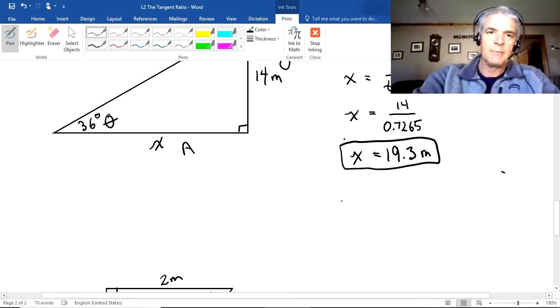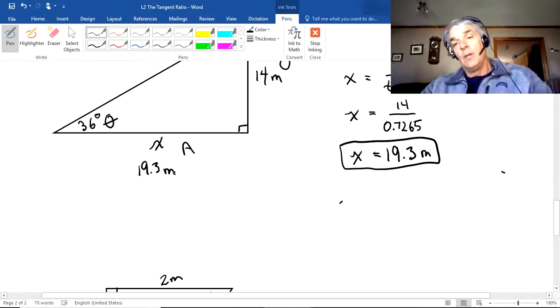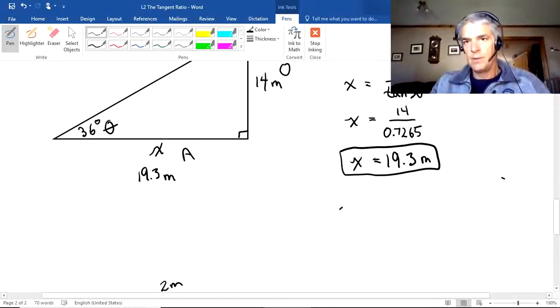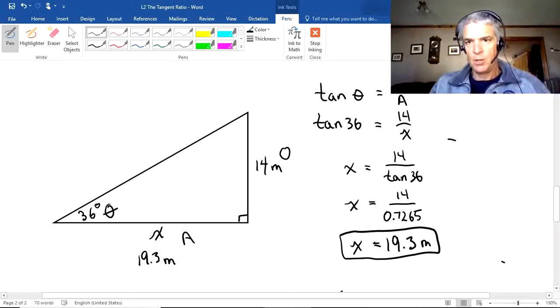Sometimes kids will write it over here as well. They'll write 19.3 meters. Now, to be honest, when I'm at this step right here, I'm just going to scroll back up a little bit, see the whole solution.